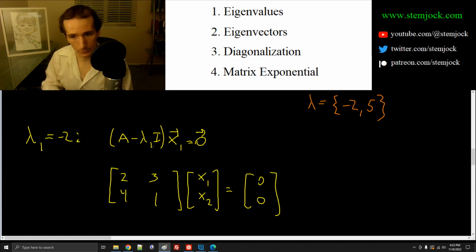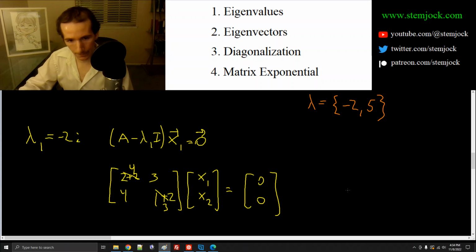Now I have to subtract the first eigenvalue from the top left term and the bottom right term. So 2 minus -2, this is going to be 4 on the top left, and it's going to be 3 on the bottom right.